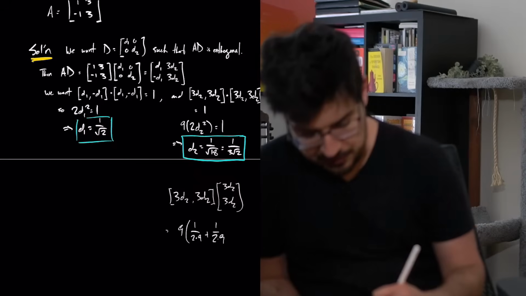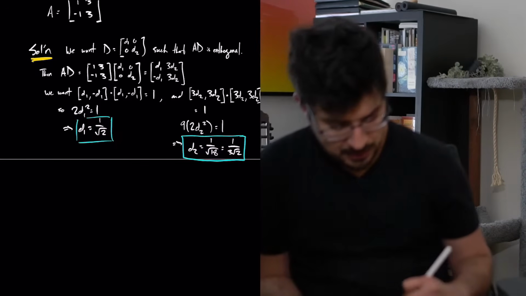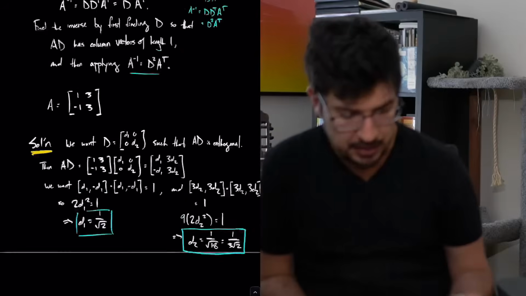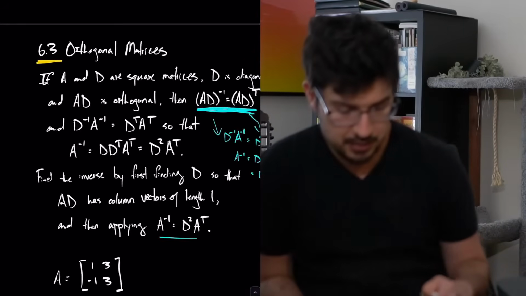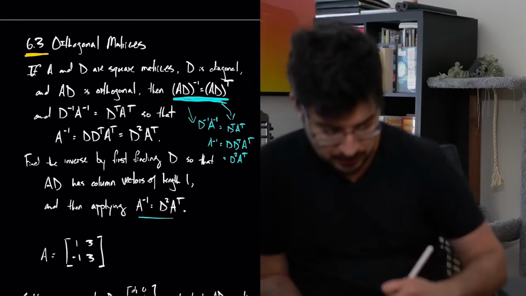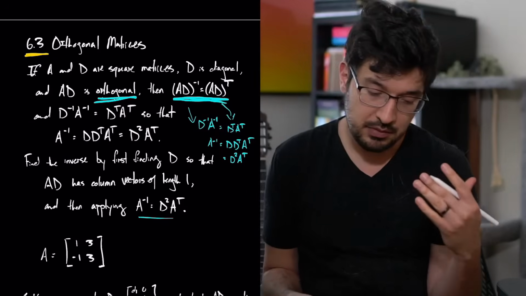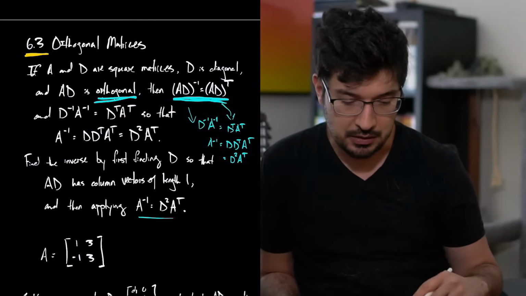Yep. I've convinced myself that that is indeed correct. All right. Then, by this little note, AD is orthogonal. So we found a diagonal matrix such that AD is orthogonal.